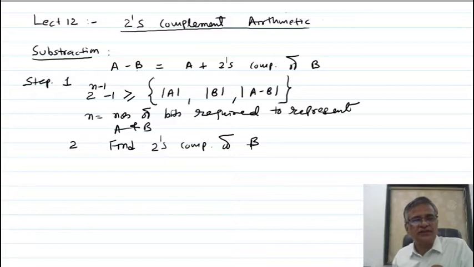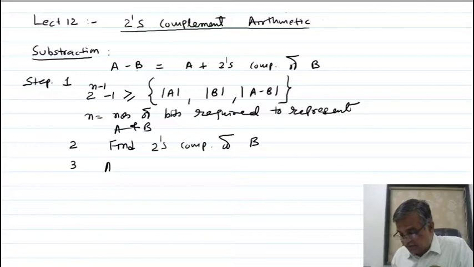You can say find the 2's complement of a and b both, because the 2's complement of a positive number a is nothing but the same as the sign magnitude number. So you can write, find the 2's complement of b. Step 3, do addition, add a and b.